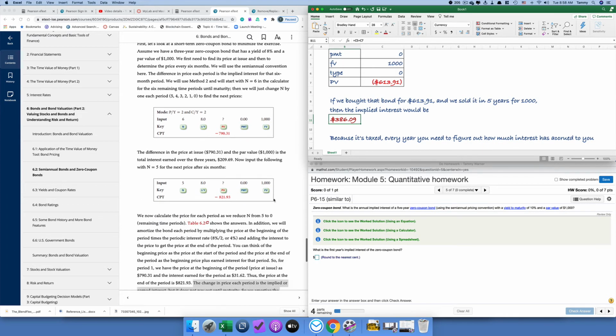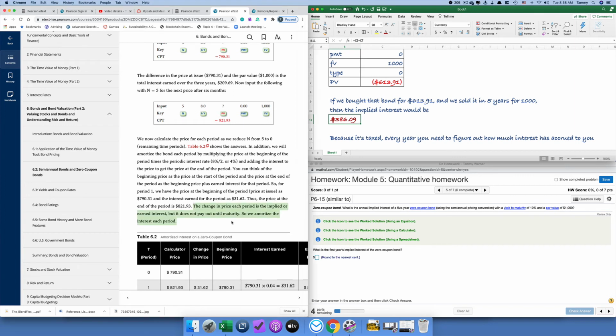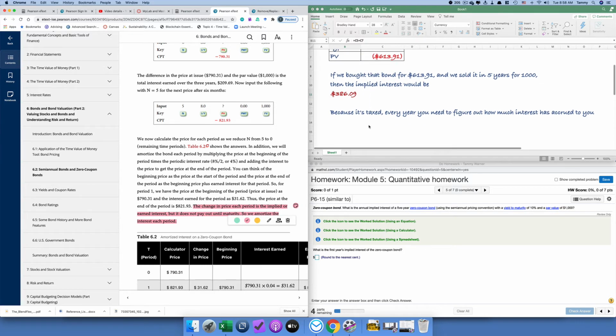And as we continue scrolling down through here, right, the change in price each period is the implied or earned interest, but it doesn't pay out until maturity. So you have to amortize it each period, right? So you have to figure out how much interest has accrued to you each year. It's going to be 386 altogether at the end of the day for this example.